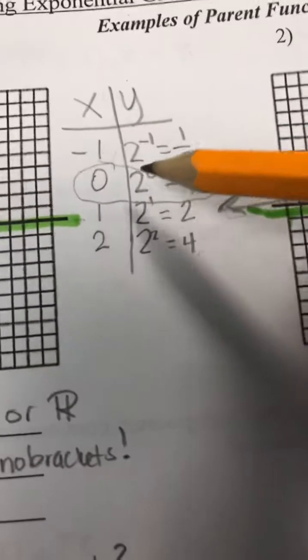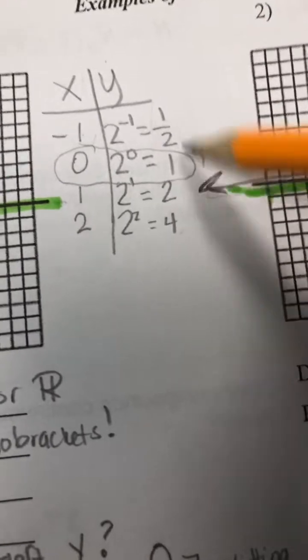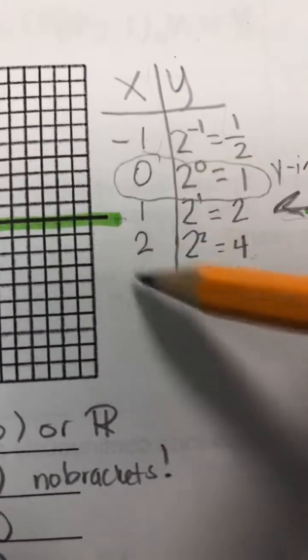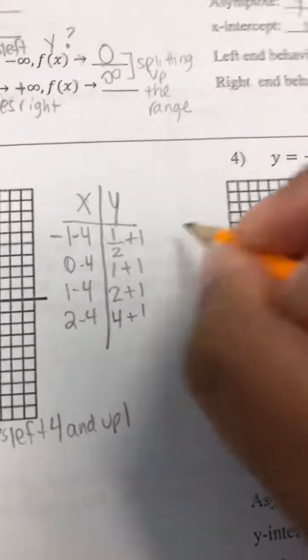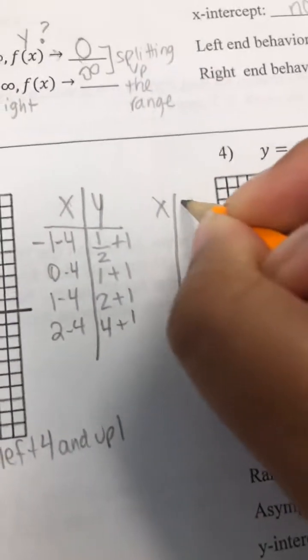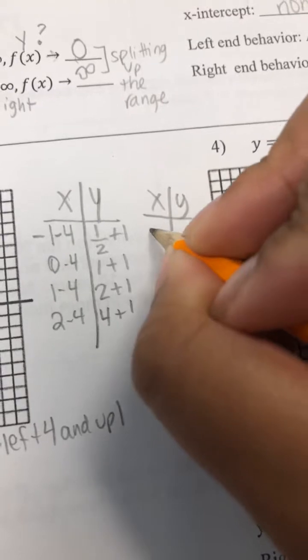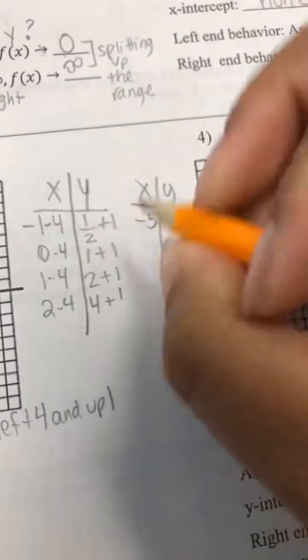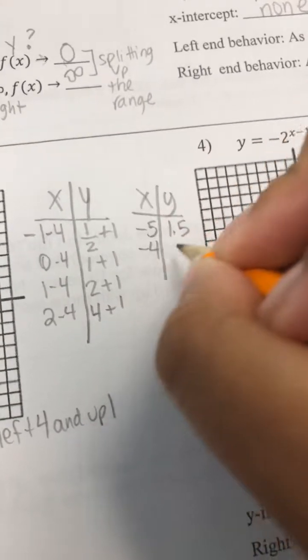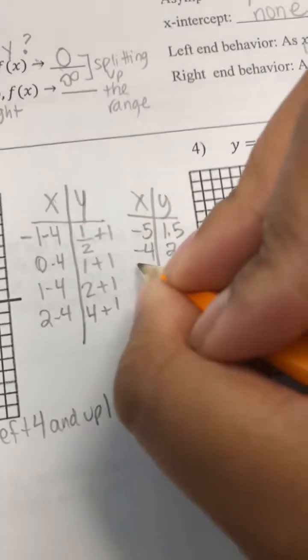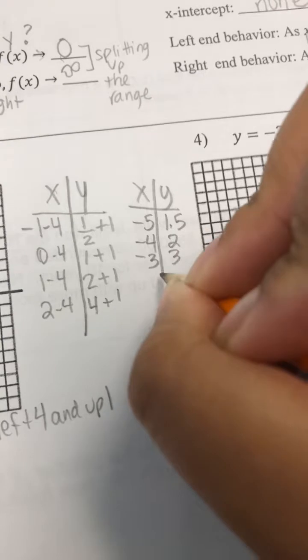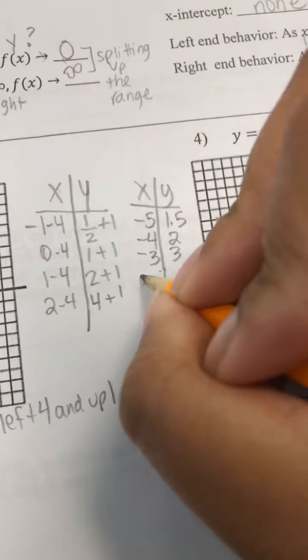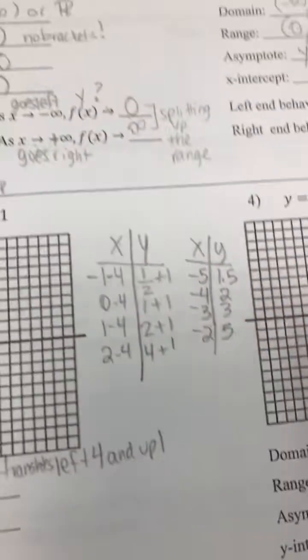So I just took these numbers here and added 1 to them, and I took these numbers and subtracted 4, just like our last test. So our table now, when you work it out, no calculator, will be -5 and 1.5, -4 and 2, -3 and 3, and -2 and 5.